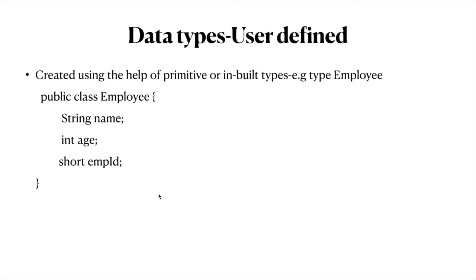So we will use these data types as we have discussed. We have seen short, which is a type of integer, int, which is a type of integer, and string is a special type in Java. It is not a primitive data type, it is an object type created to work with strings.